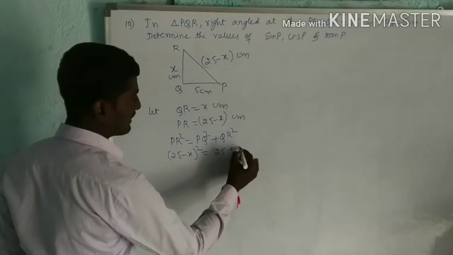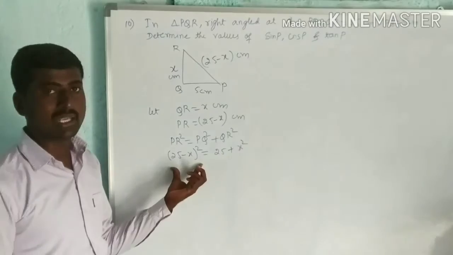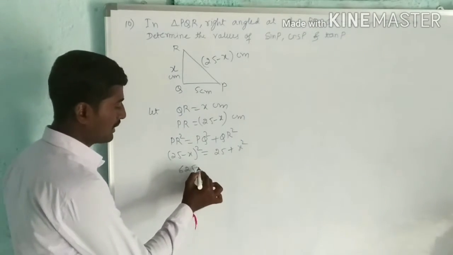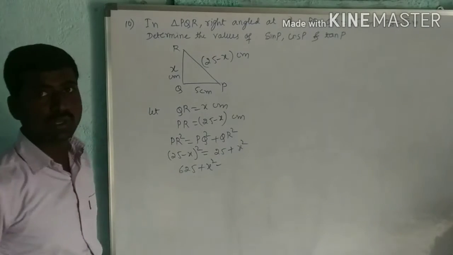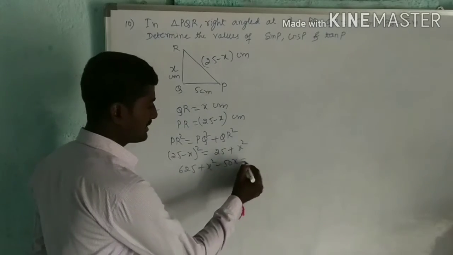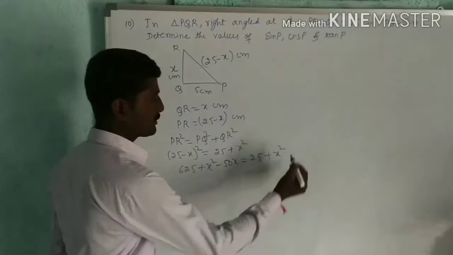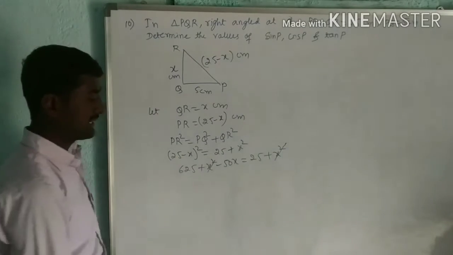QR is X square. Now this is of the form (A minus B) whole square. 25 square, 625 plus X square minus 2AB. 2 into 25, that is 50X is equal to 25 plus X square. Now X square term will get cancelled.